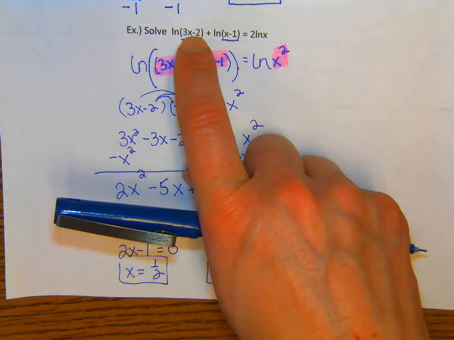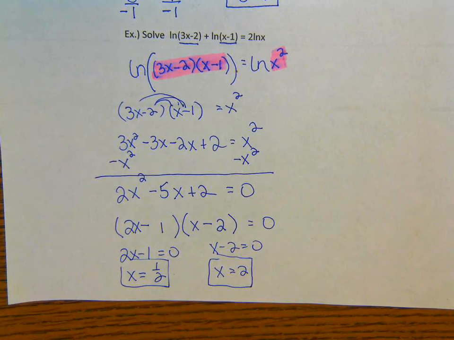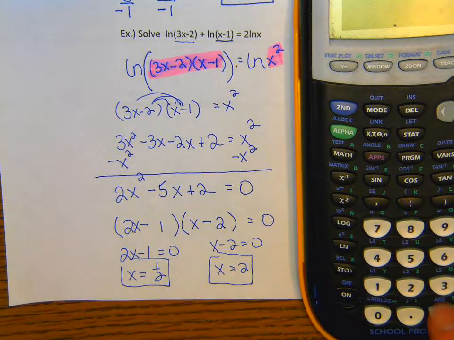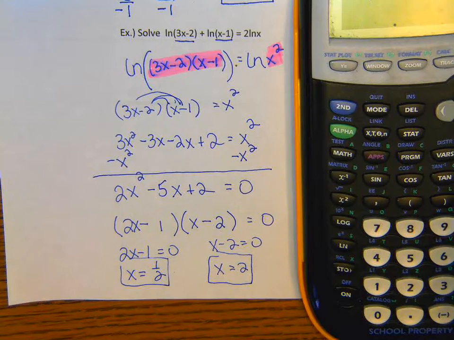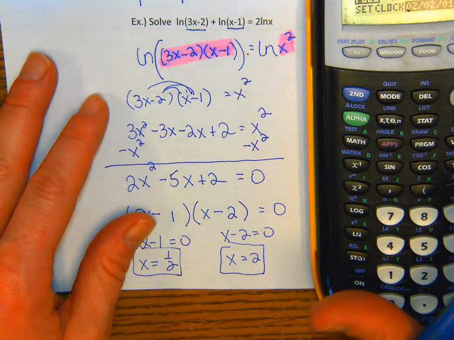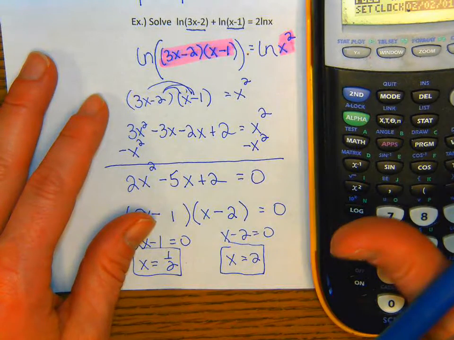That would be negative 0.5. We can't take the natural log of negative 0.5. Logs only exist when the input is greater than 0.